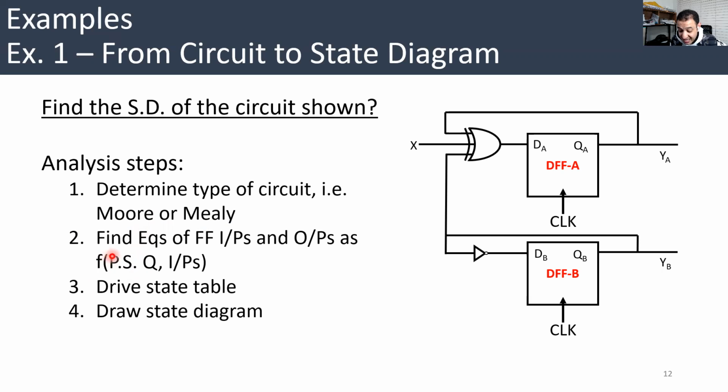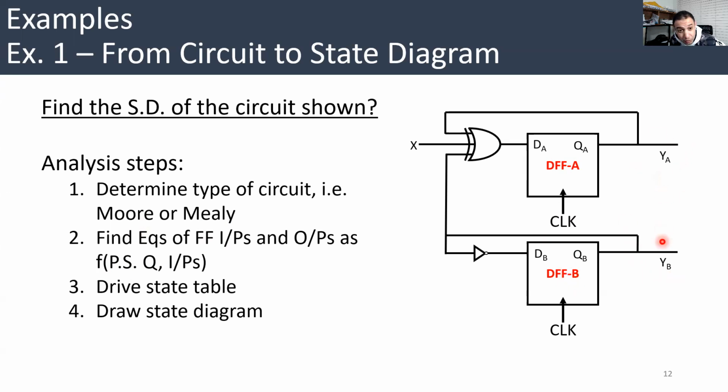We need to find the equations for the flip-flop inputs. We have here two flip-flops, both are D flip-flops, okay? So we want to know the input equation for the first flip-flop, which I call D flip-flop A, and the input equation for the second flip-flop, which I call D flip-flop B. And of course, the output equation.